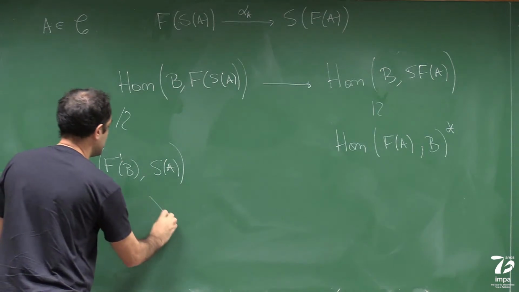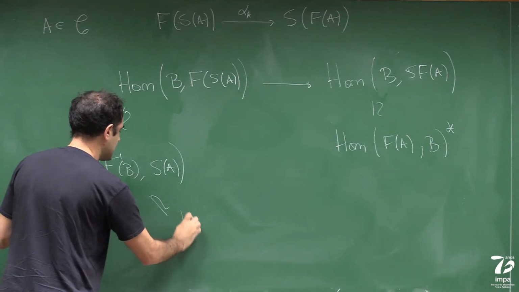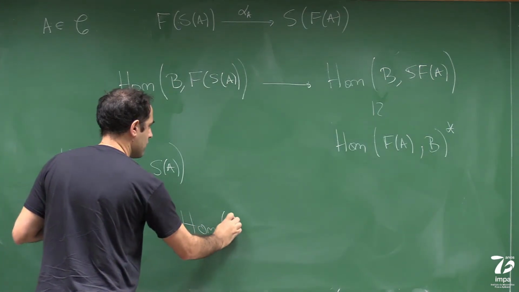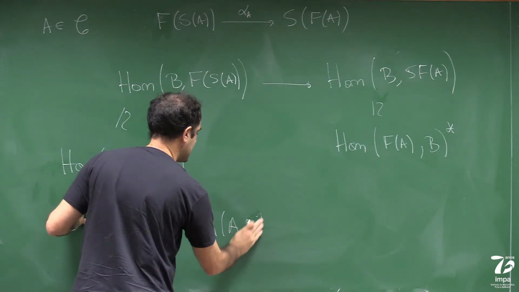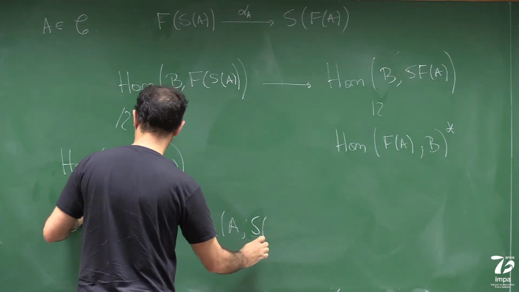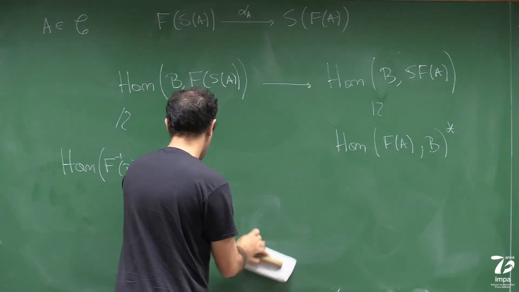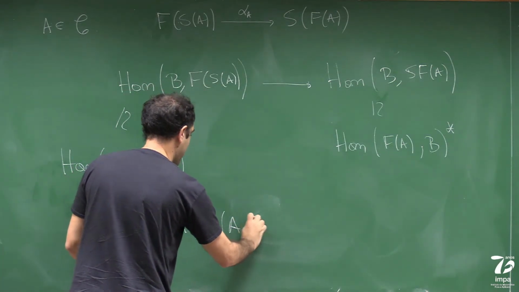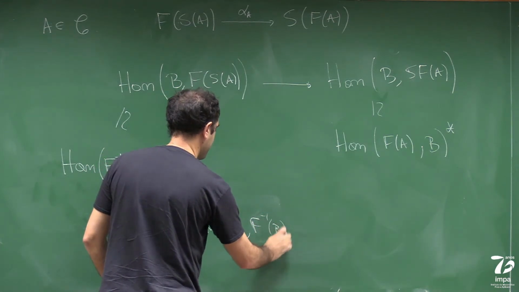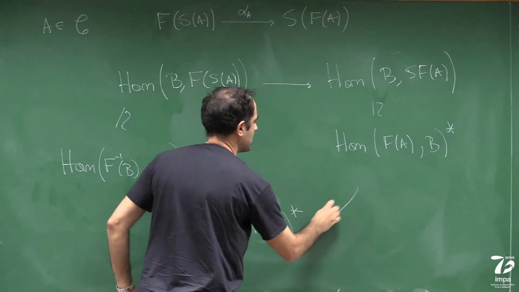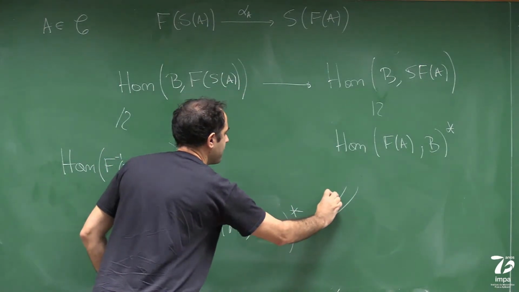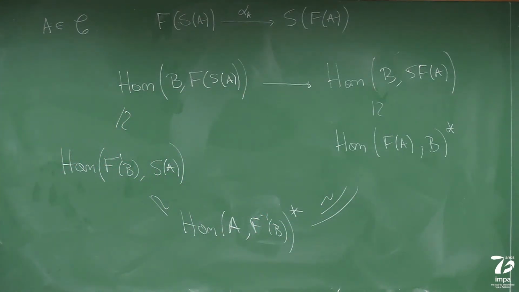And now, since S is a Serre functor, this is the same thing as Hom from A into F inverse of S of B. Oops, Hom from A into F inverse of B dual. And now these two are isomorphic again because F is an equivalence.